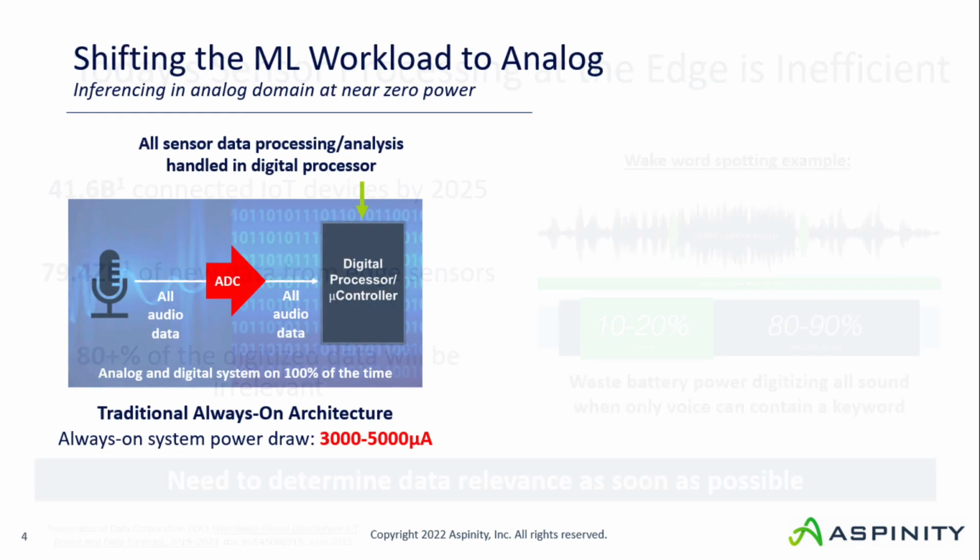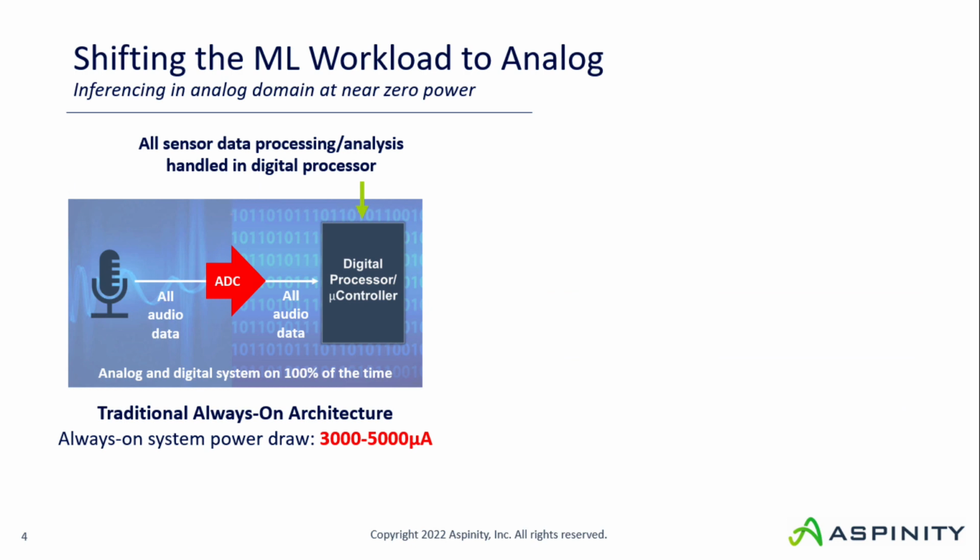So let's take a look at where a typical ML system can be inefficient and may be wasting some power. The physical world is analog, and all signals that come from the outside world are analog signals. In a conventional always-on system, we'll take those analog signals and indiscriminately convert all of them into the digital domain as soon as we can so that we can do all of our processing digitally.